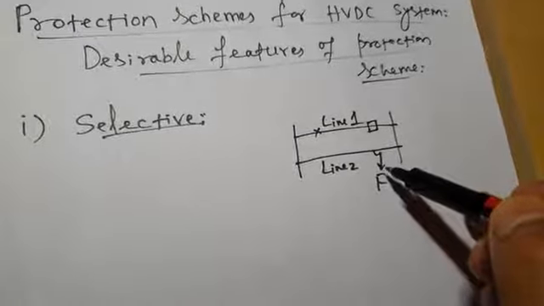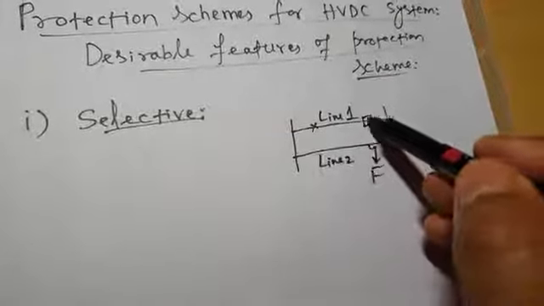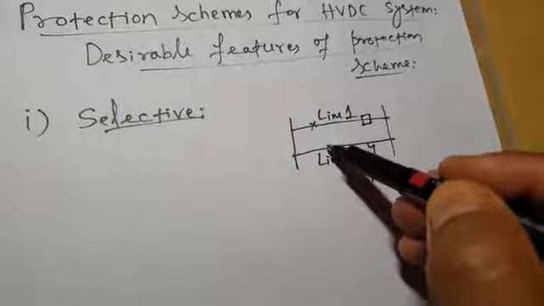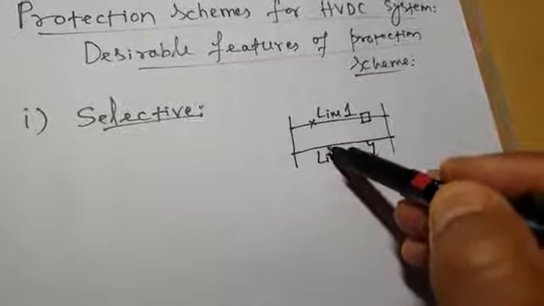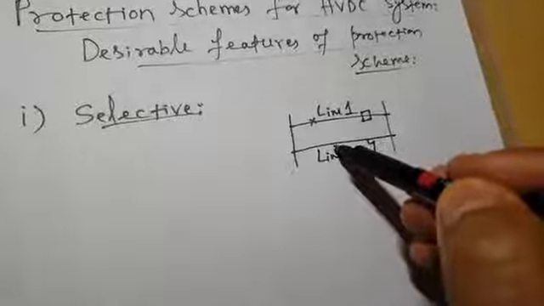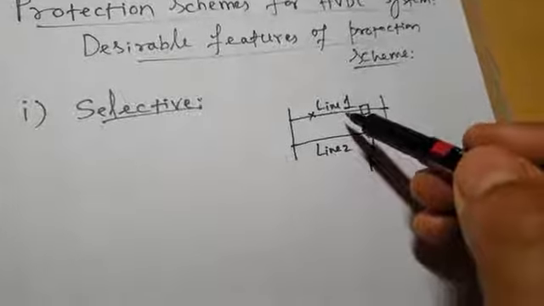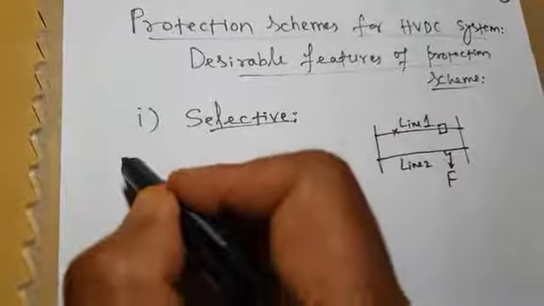It should protect only those equipments and the line in which it is placed. Similarly, a protection scheme on line number 2 should operate only for those faults which occur on line number 2. It should not operate for faults on line number 1. So this is what we mean by the protective scheme being selective. This is the first desirable feature.